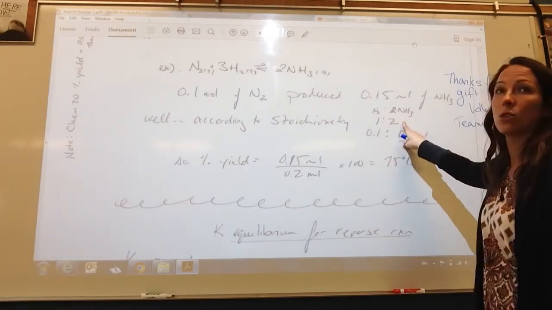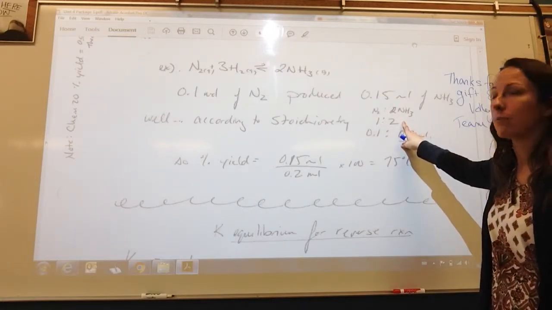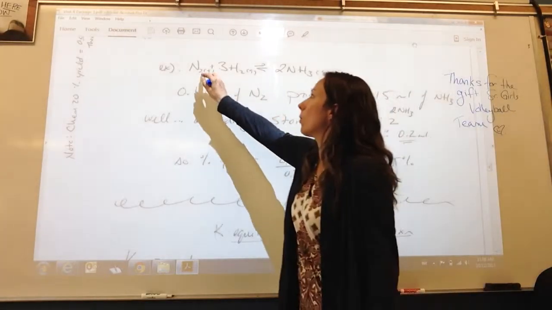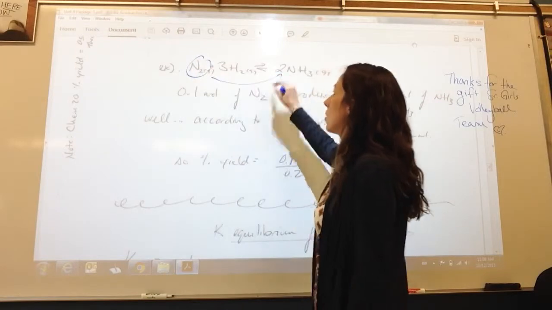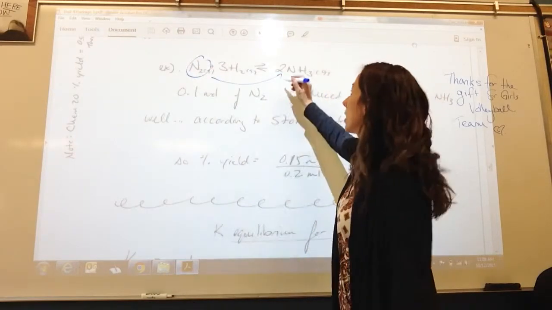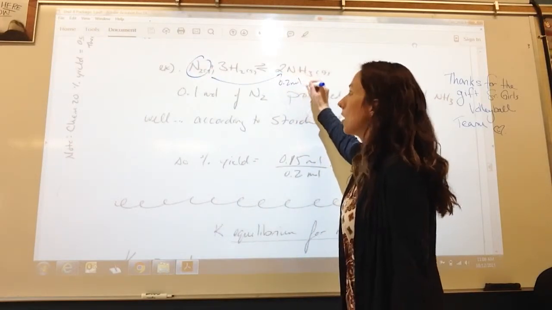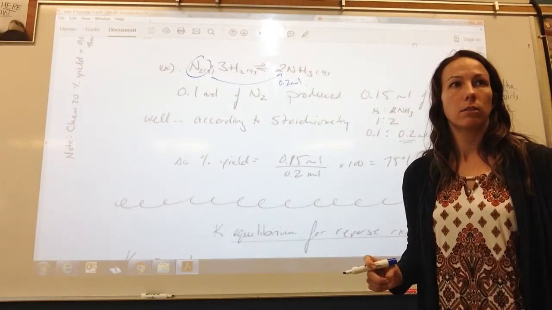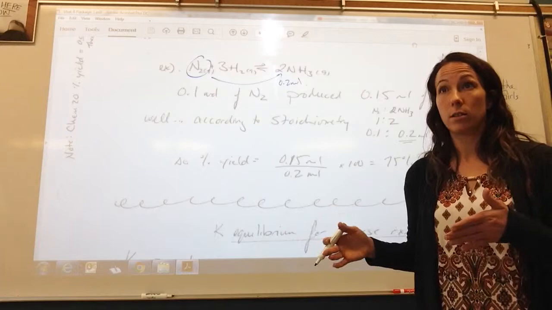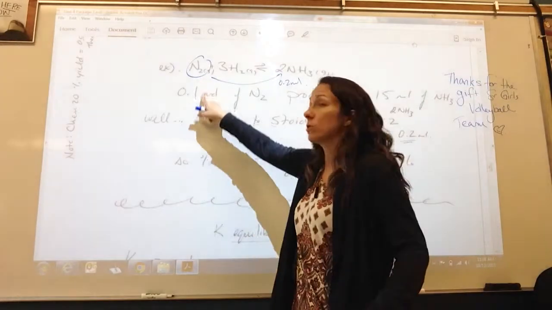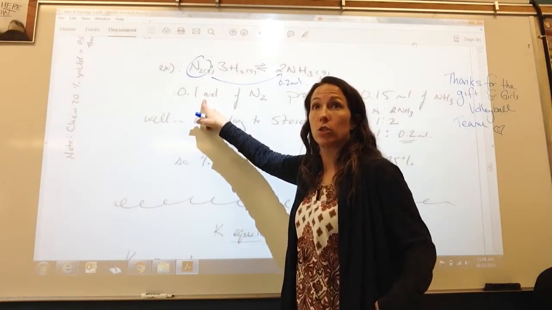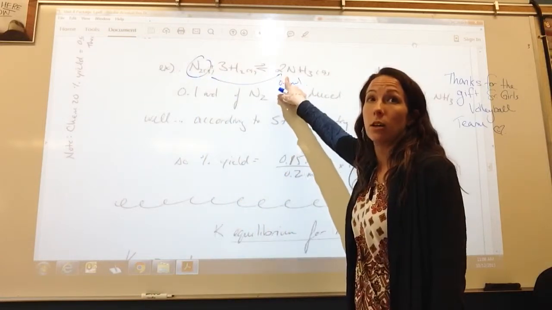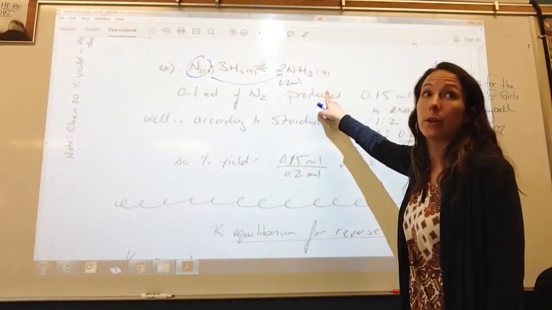But if you're doing this stoichiometry-wise in Chem 20, you would have said that if I'm taking 0.1 moles of nitrogen and it's a 1:2 ratio, I should get 0.2 moles of ammonia formed. Everybody agree with that? Stoichiometry-wise, go down the column, that's the number of moles there. Go across the bridge using your 1:2 ratio. If for every one of these I make 2 of these, then 0.1 should make 0.2.